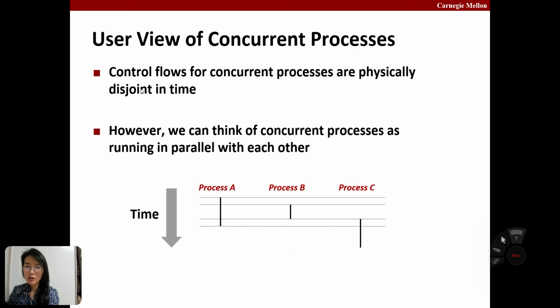So control flows for concurrent processes are physically disjoint in time. However, we can think of concurrent processes as running in parallel with each other. All right?